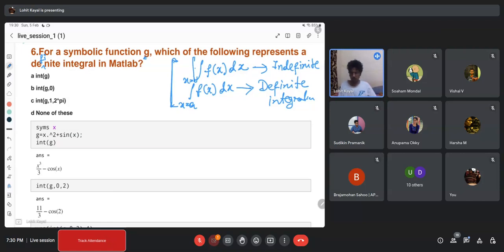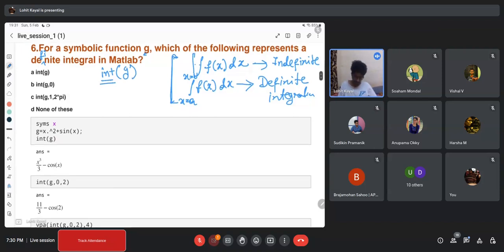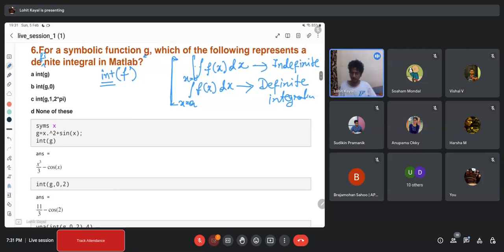In MATLAB we can write it like this: int of g. Int means the integration sign, and g corresponds to f of x. So let me write f for consistency: int of f means integration with respect to x of the function f.